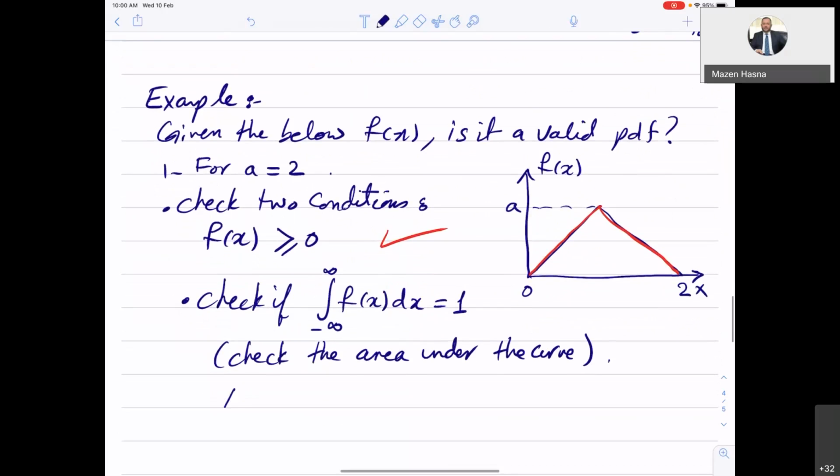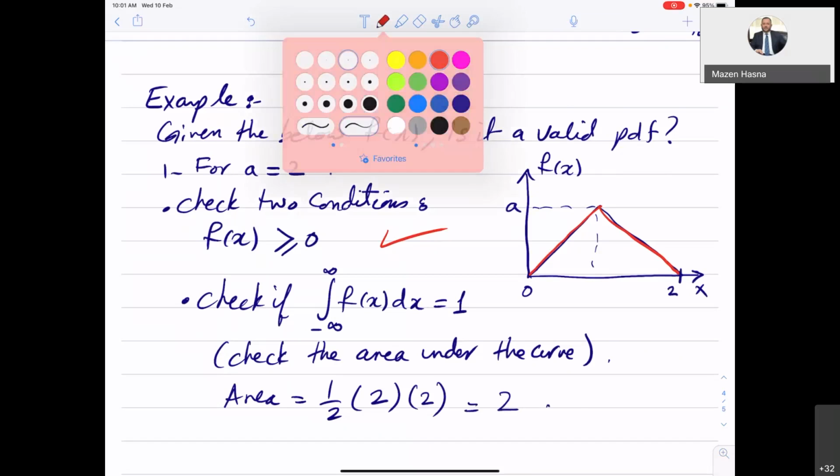So we know that the area is 1/2 times 2 times the height, which is a equals 2. So the area is 2, which means what? Is this a valid probability density function? Anyone? No, not valid.